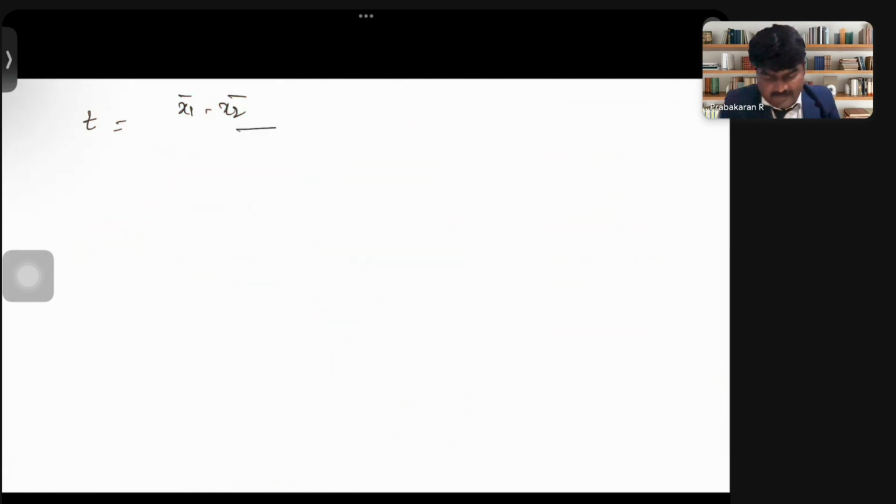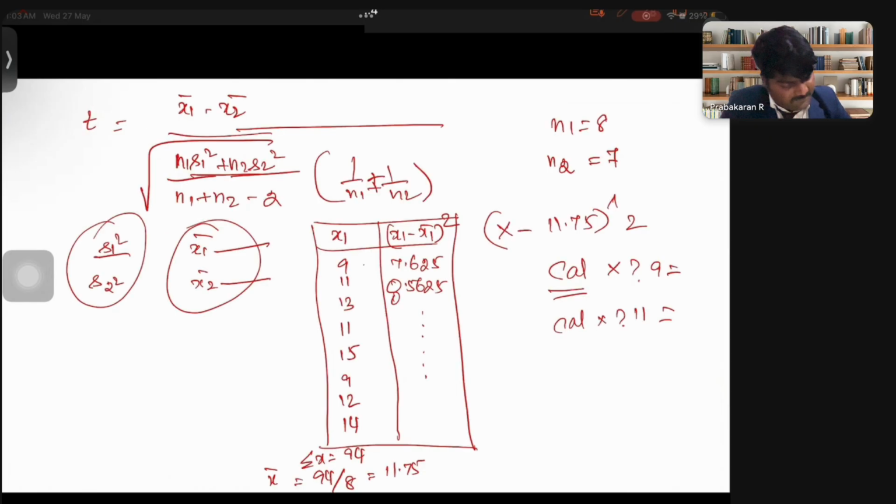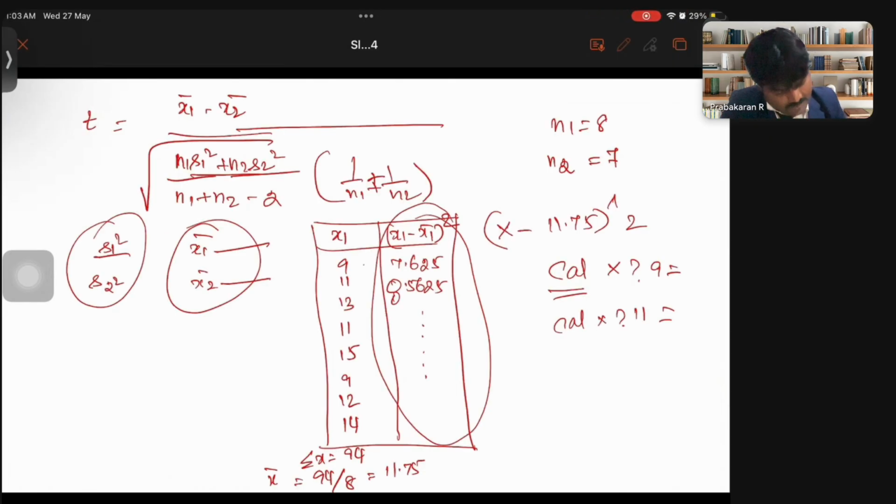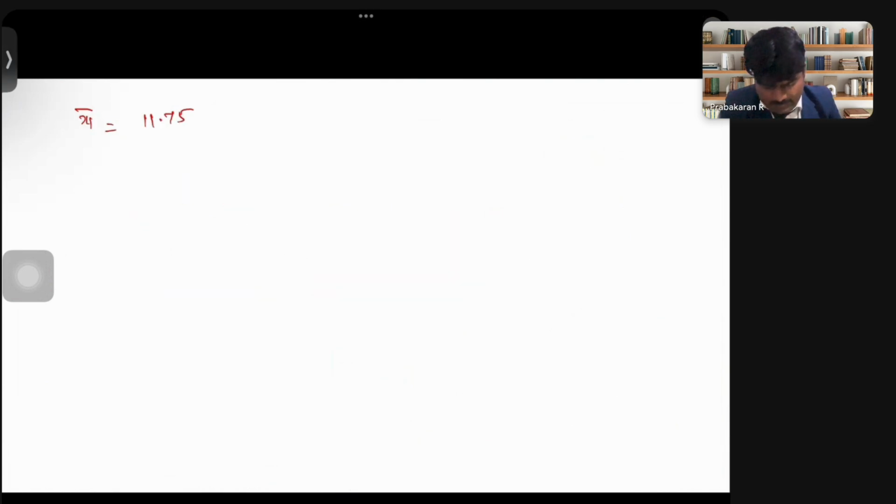And then after summing up, the first sample mean is 11.75, and the sum of all these values comes to 33.50, that is nothing but the summation of x minus x bar whole square.